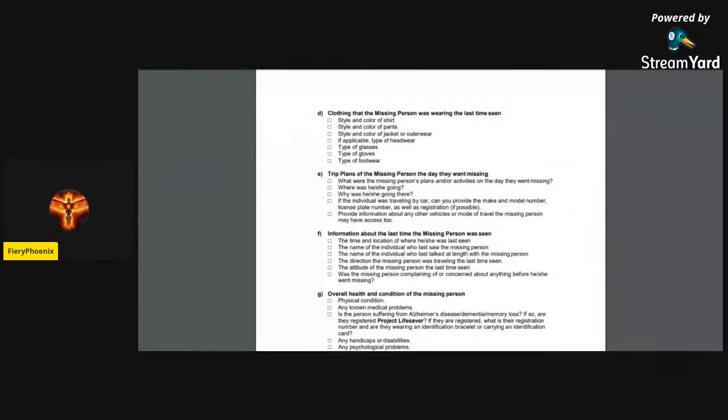Were they complaining or being concerned about anything? Say they went to the bank. Could they be concerned about a bill that they forgot that came out? Simple stuff.